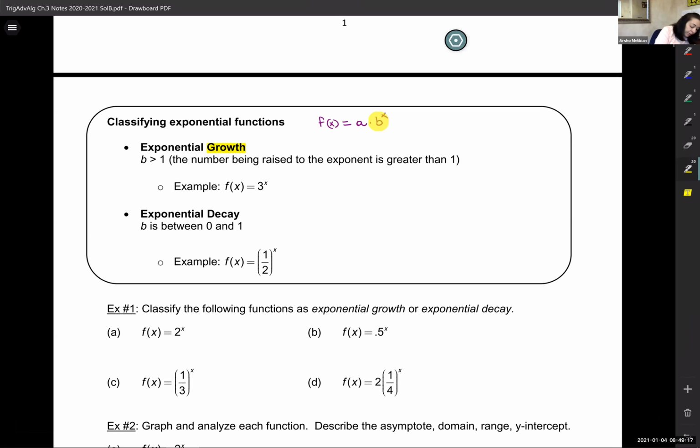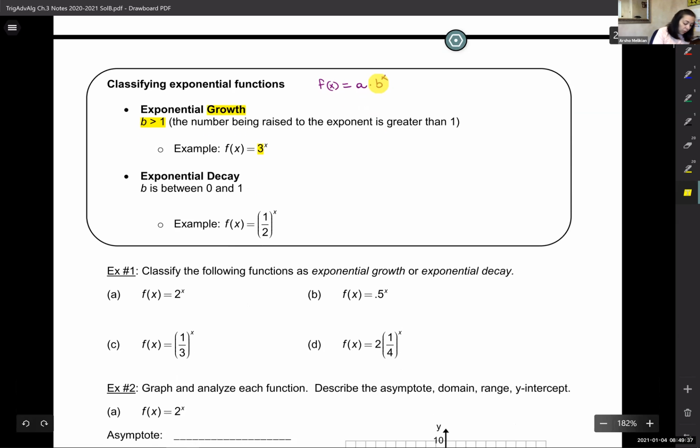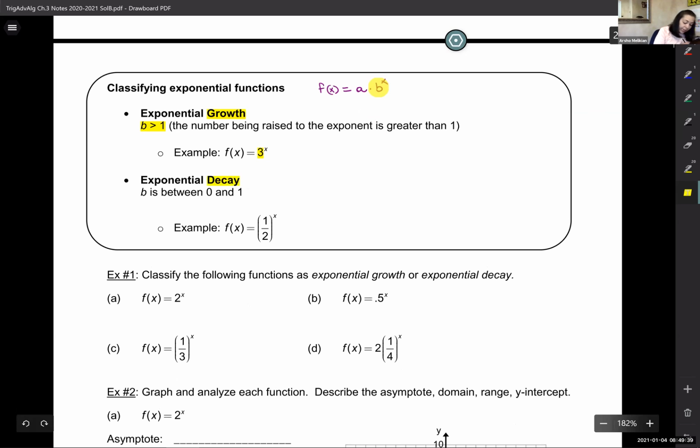If that number b is greater than 1, then we say it's growth. So take a look at this one. You have 3 to the power of x, right? So you ask yourself, what does the x belong to, the 3? Is that greater than 1? Yes, so that's growth.